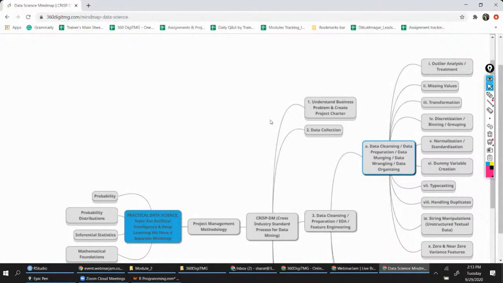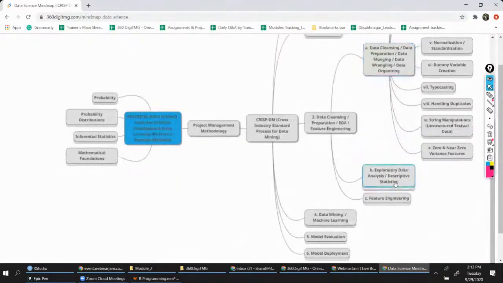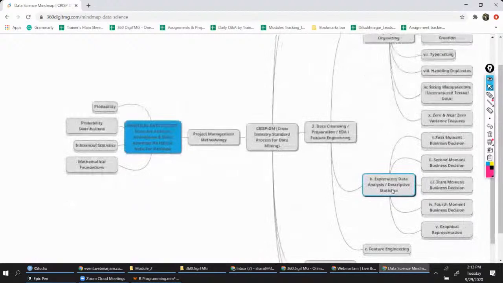And here we have labeling as well, right? Label encoding as well. And then we discussed typecasting, we discussed handling duplicates, and then zero and near zero variance fields. Based on what is the data and what are the things that we identify from the statistical calculations and of course visual representations, we will take an appropriate decision to clean the data.